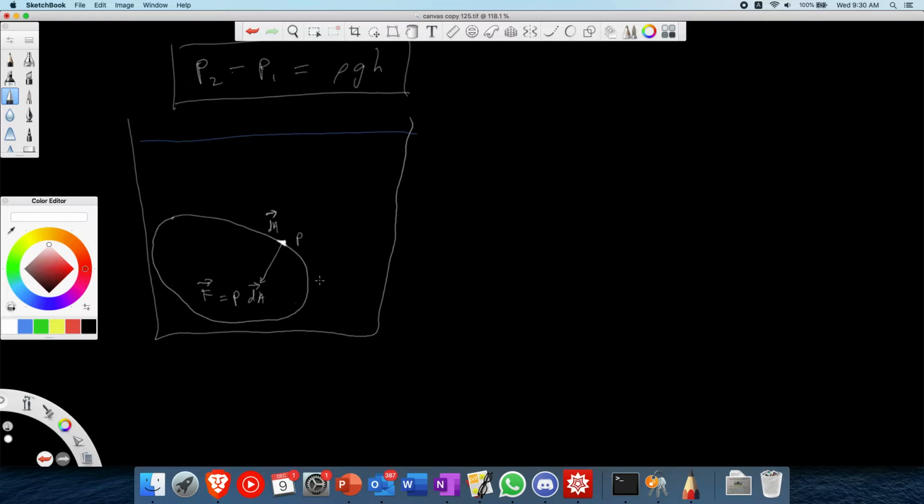So what I'm trying to say is that this pressure is isotropic, meaning that it doesn't have a preference for a certain direction. In a sense, the pressure acts in all directions. If I don't put a solid object inside, you can imagine that the pressure acts in all directions at this point.